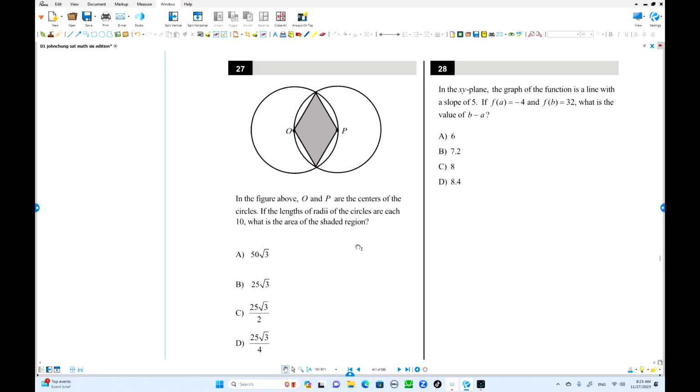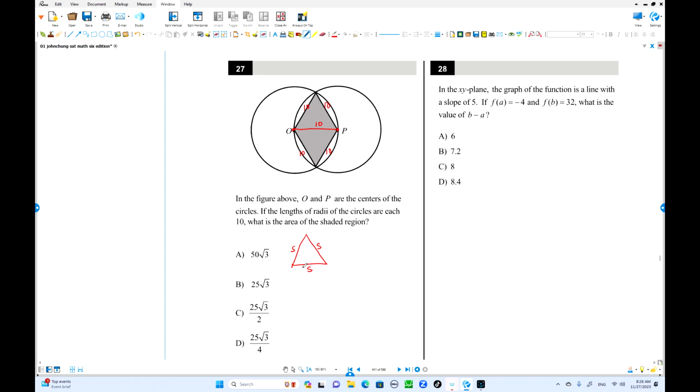Here is number 27. Two circles. Each circle passes through the other's center over here, right? That's the center. So the length of the radius is 10. So this is 10, this is 10, all 10. What is the area of the shaded region? This is also 10. You know that triangle, you have to memorize the area of this one.